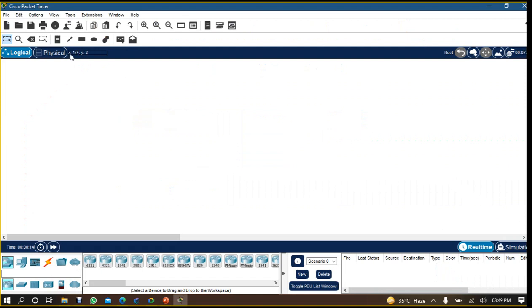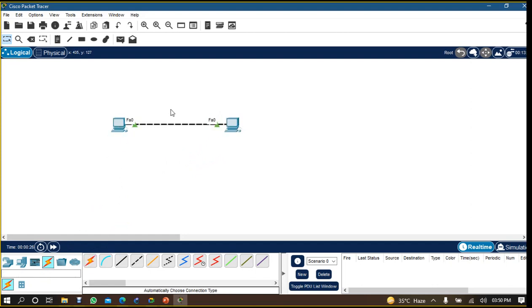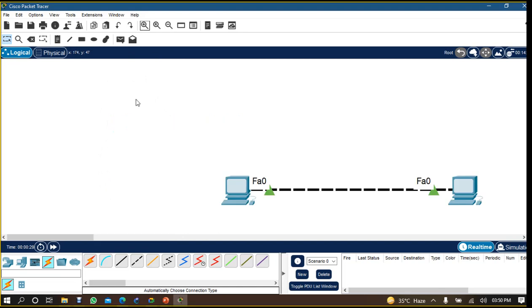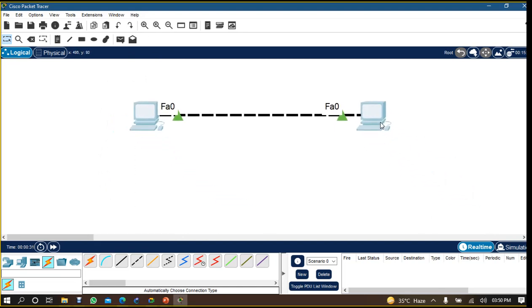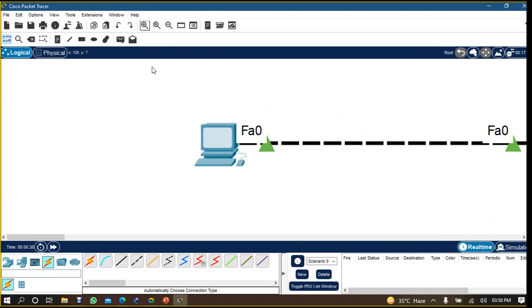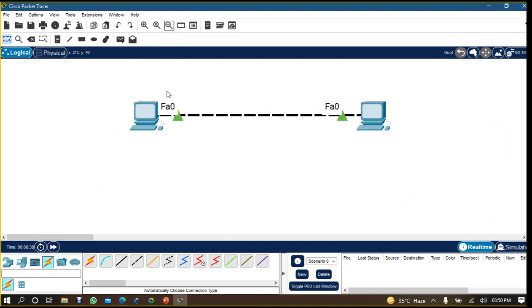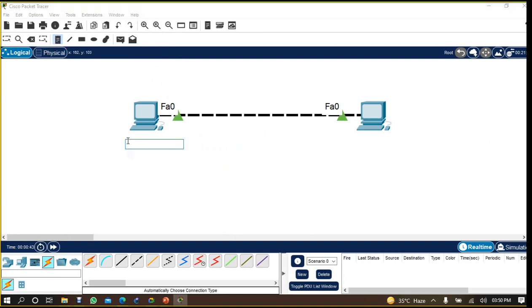Suppose I'm using two computers here. The IP address I mentioned is 15.192.168.10.